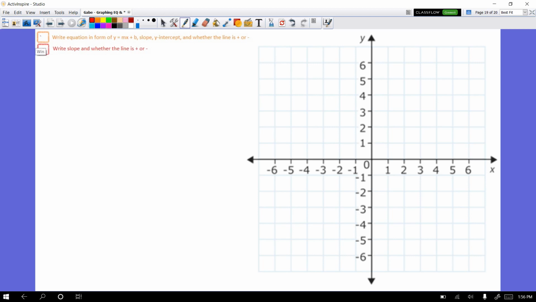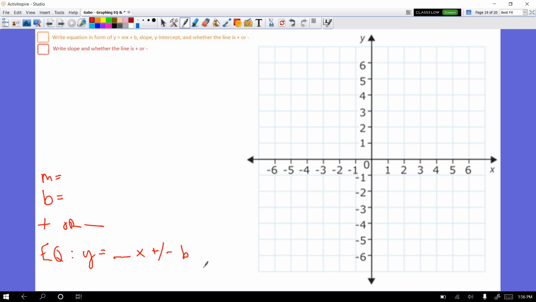So if it's highlighted in orange, it's got an orange crayon box around it. Write the equation the best you can. Write the slope. If you struggle with the y-intercept, completely fine. And then identify if the line is positive or negative. You're going to hand write those things. So you'll have m, b, positive or negative, and the equation in the form of y equals something x plus or minus b.